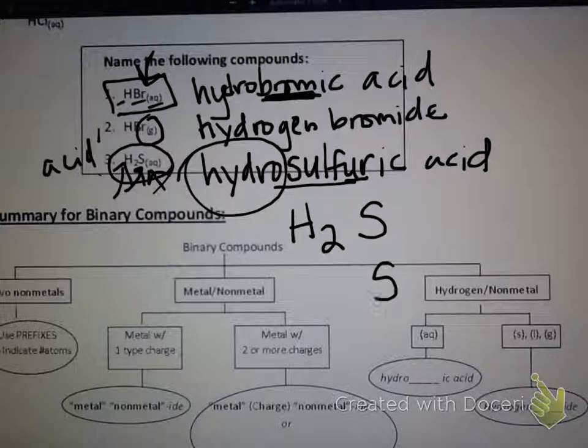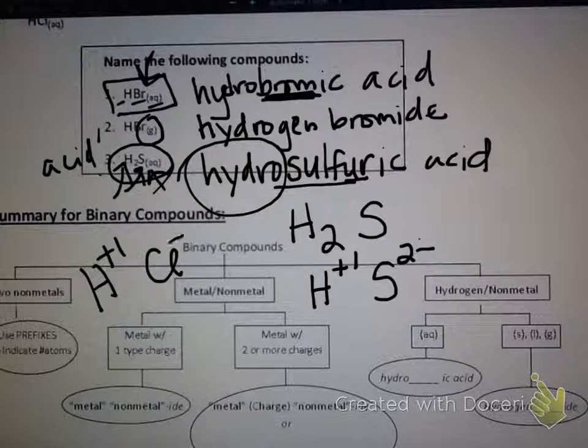Remember that sulfur, I said if you don't have this aqueous, you could also name it as the ionic compound. So sulfur's charge in an ionic compound is -2. Hydrogen, group 1A on the periodic table, has a +1 charge. Whatever the charge of the nonmetal is, that will be how many hydrogens you have. Like, hydrogen has a +1 charge. If it's bonded to something with a -1 charge, like HCl, there will just be one of each, HCl.